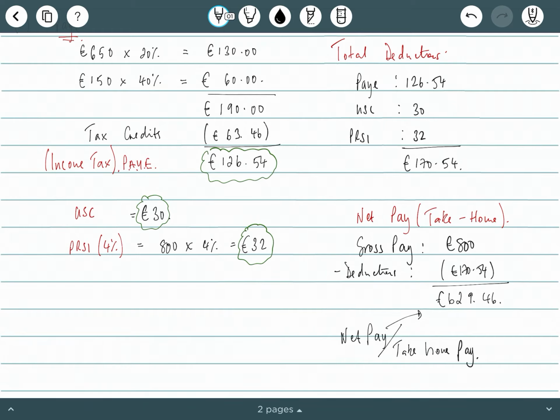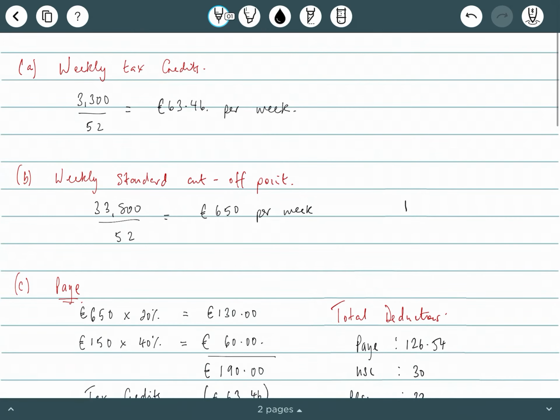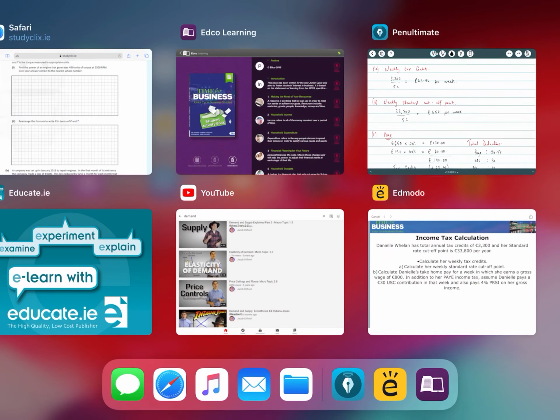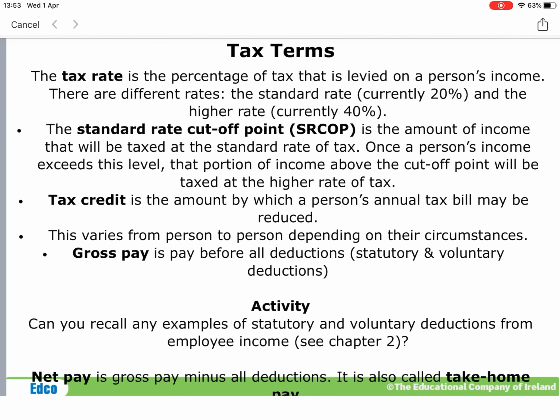Now, just to recap, gents, let's look at a couple of terms again. The tax rate, which is your PAYE tax rate, because we're talking about income tax, is divided into two different rates. You've got the lower rate or the standard rate, which is 20%, and you've got the higher rate, which is 40%.